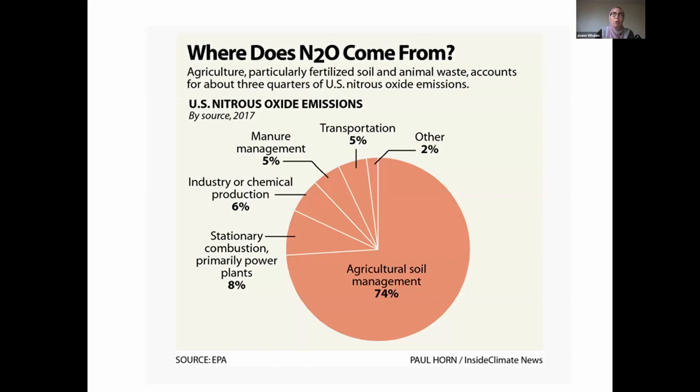It is so well known that N2O is coming from agricultural soils that when we look at the global view, and this is the N2O emissions in the United States, we see that at least almost 3/4 of all the N2O emissions are coming directly from the agricultural soils.